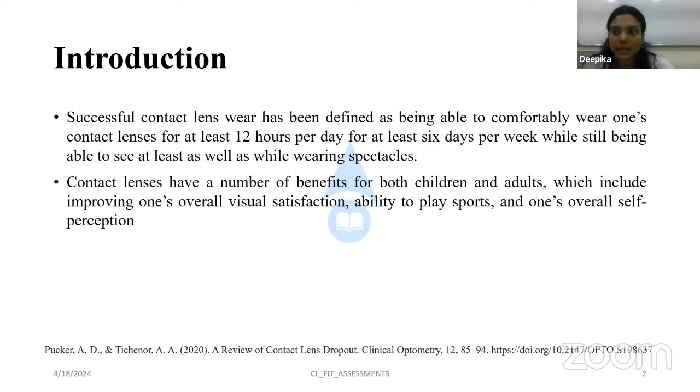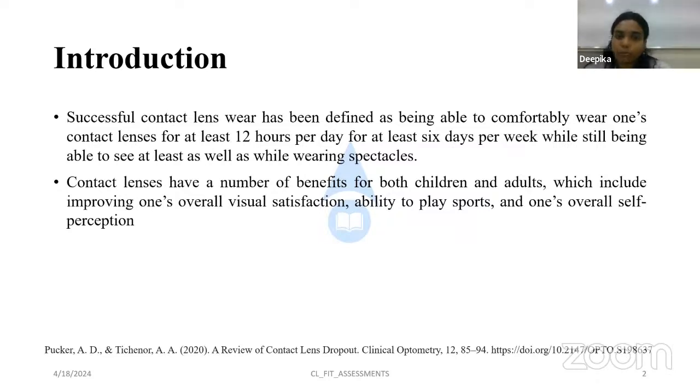Introduction. A successful contact lens wearer has been defined as being able to comfortably wear one's contact lenses for at least 12 hours per day, at least 6 days per week, while still being able to see at least as well as while wearing spectacles.